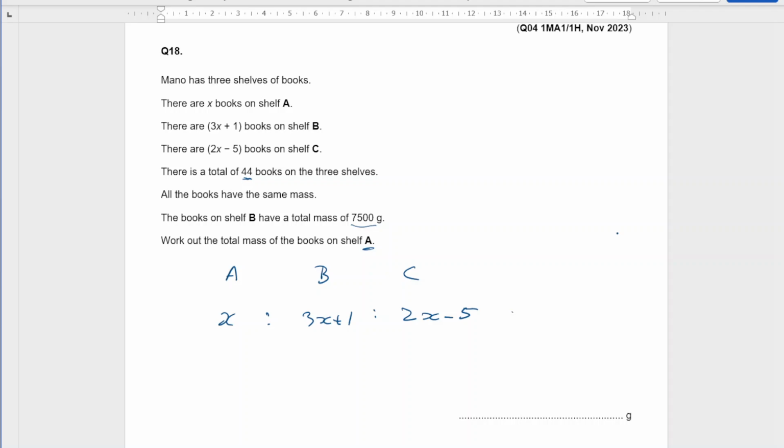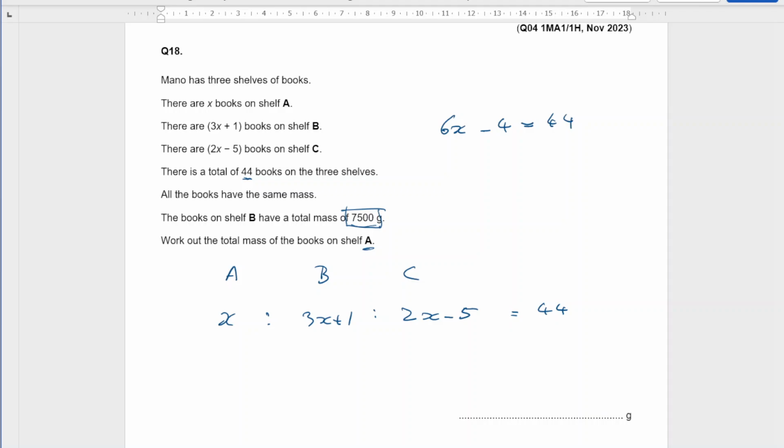While I was trying to write it down, I was thinking, do I actually need to work out the number on each shelf? Could I not just use that to work out the value of x? It wouldn't quite work like that, because this is obviously the ratio. If it wasn't the simplified ratio, if it was the original amount, I could use that, but I can't quite. So that's going to give me 6x minus 4 is equal to 44.